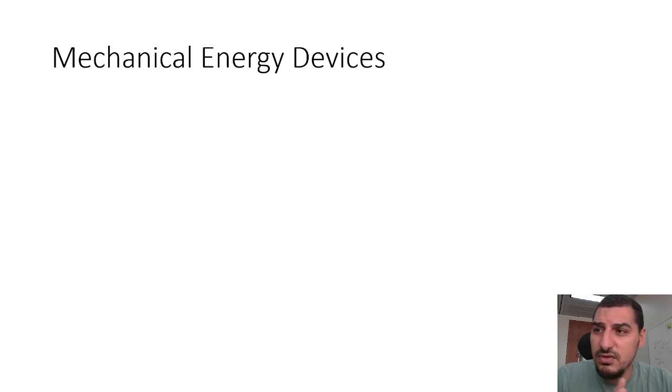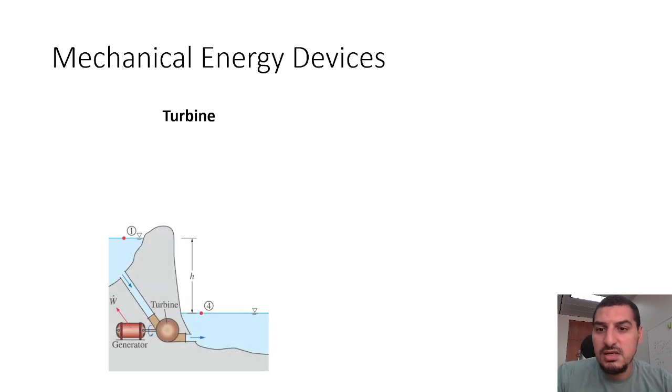We have two types of devices that are very common. You can say that these are the two main categories under which most mechanical energy devices can be categorized. The first is a turbine, a device used to use the energy of a fluid that has high energy.